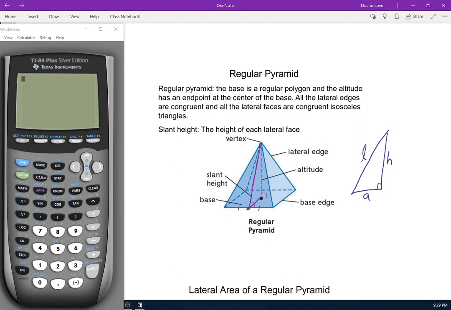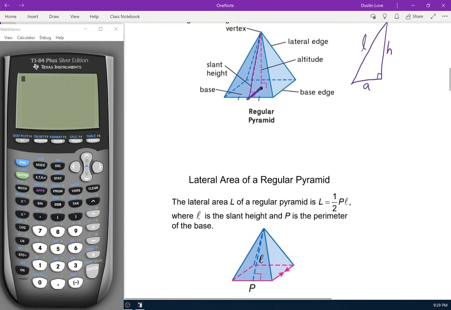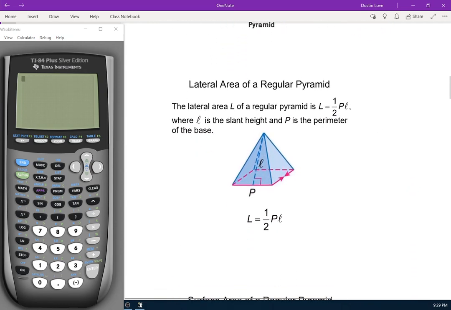Just realize that it is the apothem of this base because you're going from the center to the midpoint of a side. So lateral area is the area of all the triangular faces. And because these are triangles, it's going to be based on the area of a triangle, which is just 1/2 times base times height.